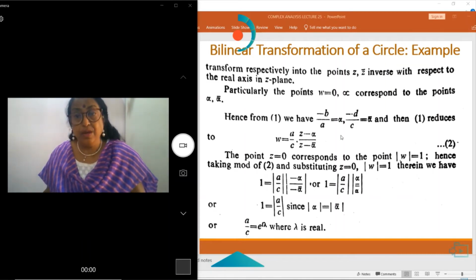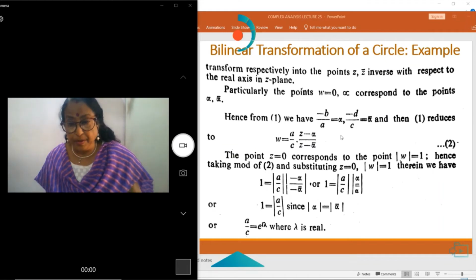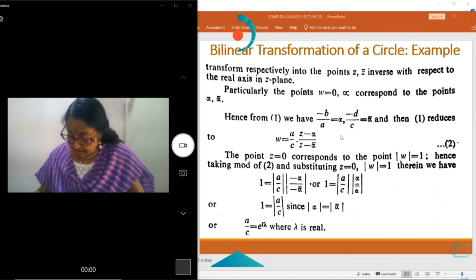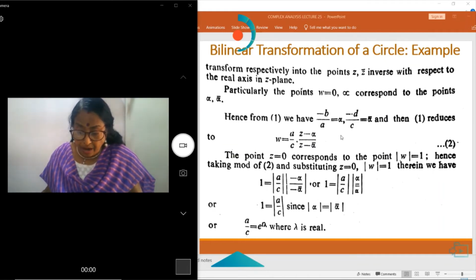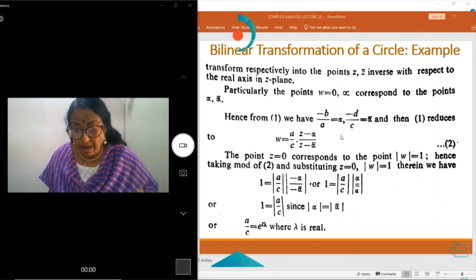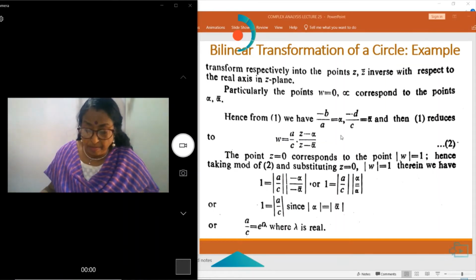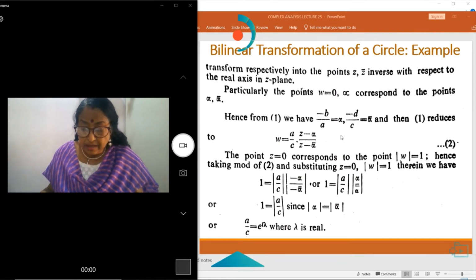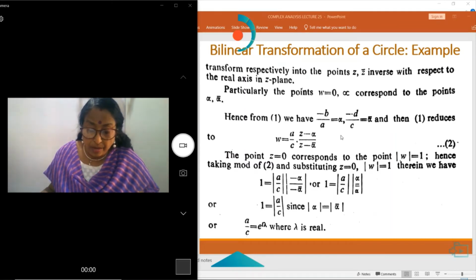And we know that for an interior point of the circle, the inverse points P and Q are represented by alpha and alpha bar.